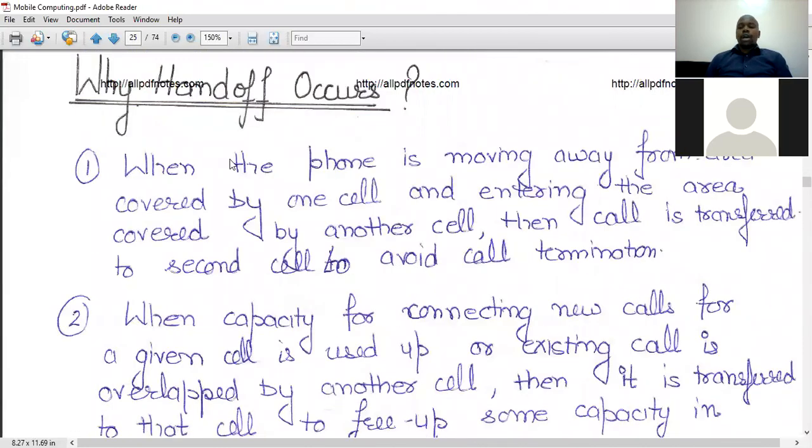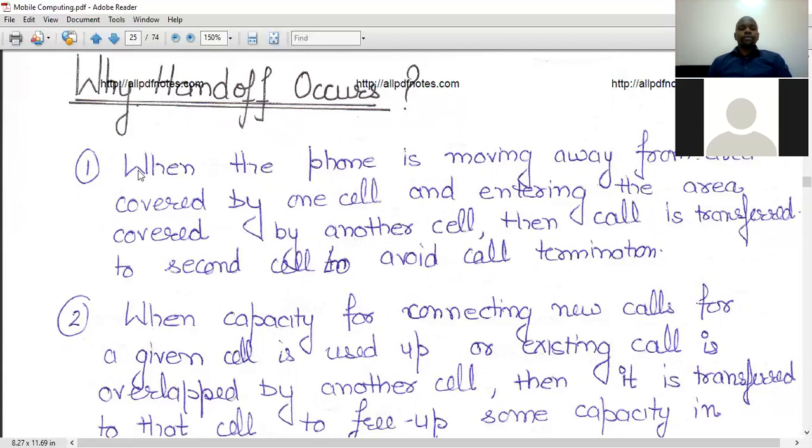Now, why does handoff occur? The most basic reason is that during a call, you are moving away from one cell to another. So the frequency of the cell you are moving from is weakening because you're moving further away from the base station controller, and the frequency of the next base station controller is strengthening because you are moving closer to the base station controller of the new cell.